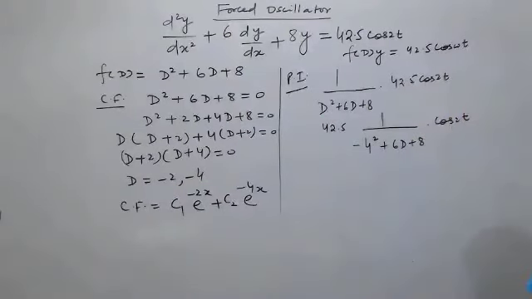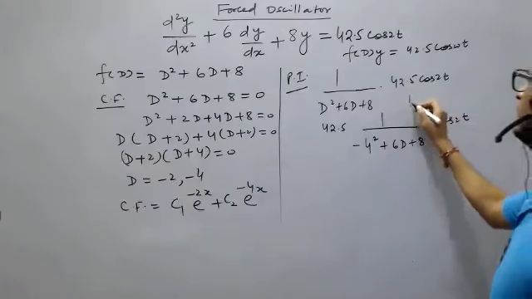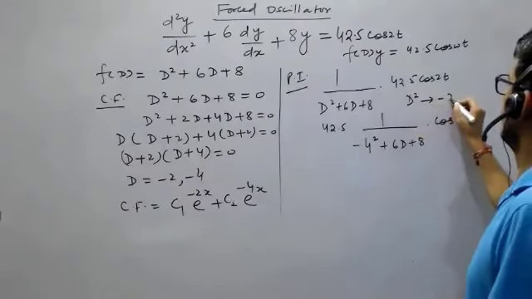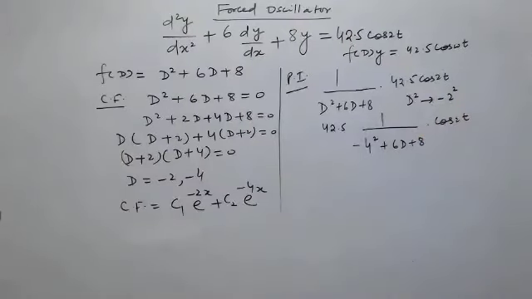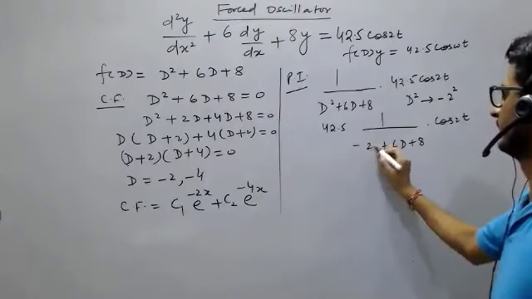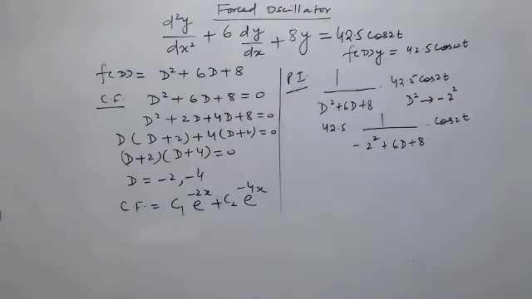Please see this carefully. D square is replaced by minus 2 square, as written in the question itself. Sir, minus 4 square or minus 2 square? Sir, minus 2 square. I have written this, D square is replaced by minus 2 square.